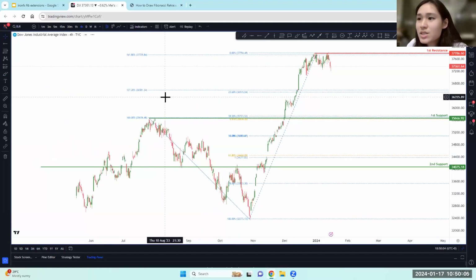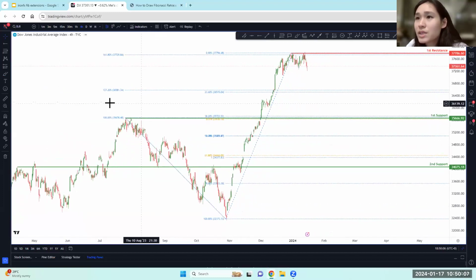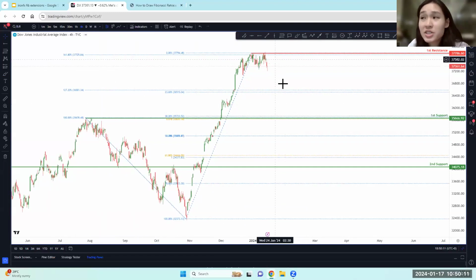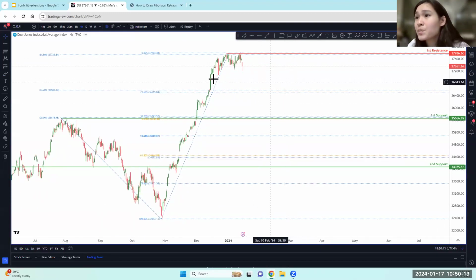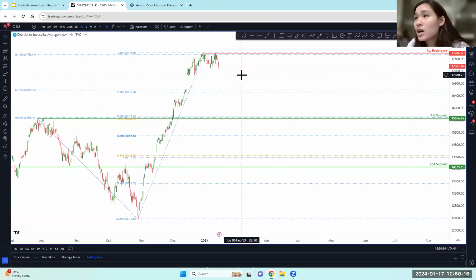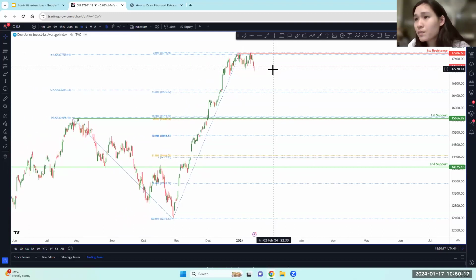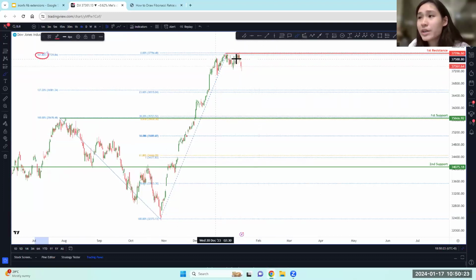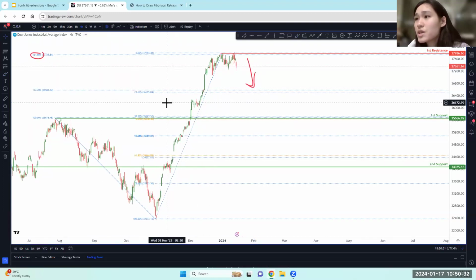So that's an example of the Nike tick or Fibonacci extension that we went through today. Because of that reversal at the 161.8, we can expect it to continue to go down towards this level now, which is our 23.6 level.